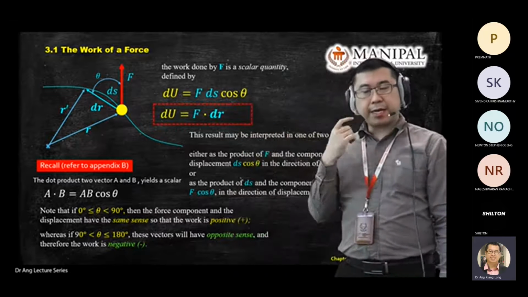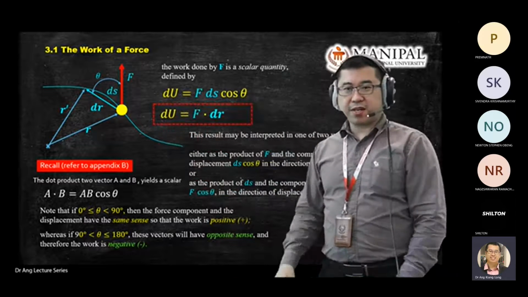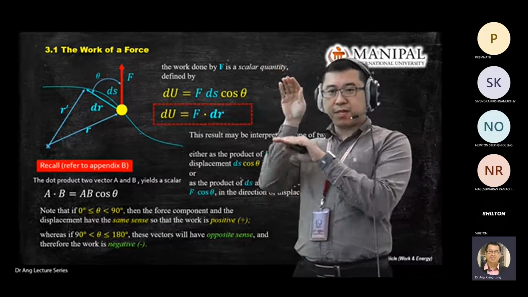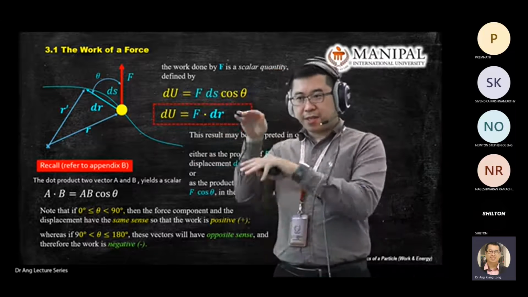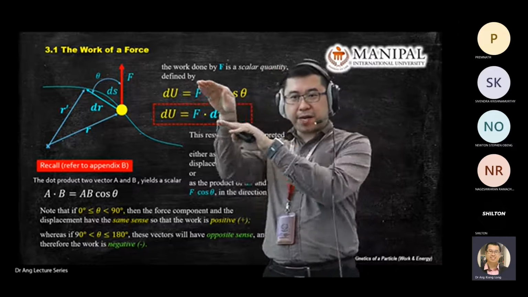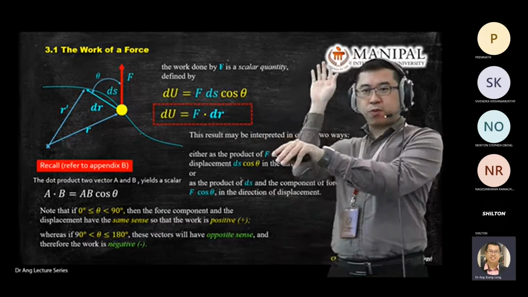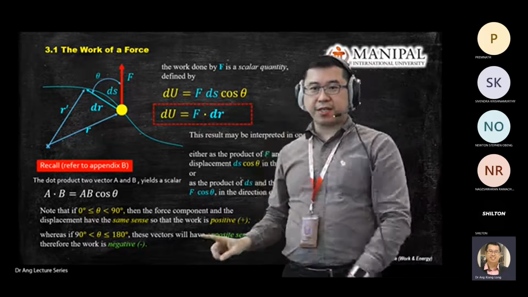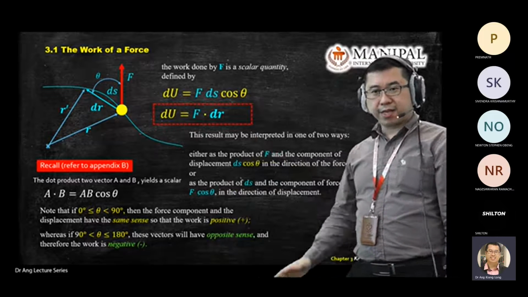Another meaning also, why you get a positive value of work when your force and displacement are pointing in the same direction, then you get positive work. When the displacement and force are in opposite directions, you get negative work. Okay, now try to remember that.